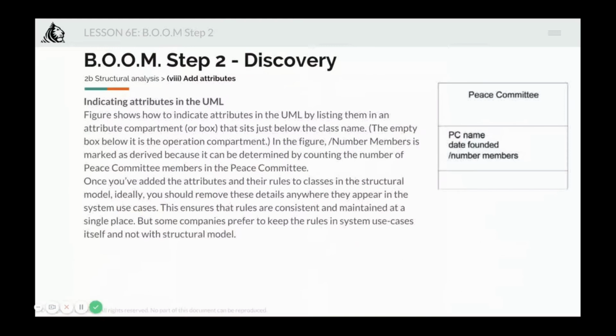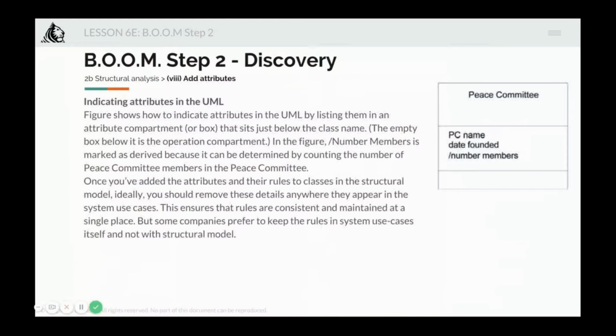So how do you indicate attributes in the UML? In UML, you will typically use a rectangular box like this, and you'll create a box and keep it below the class name, right? So as you can see in this figure, peace committee is the class. Within that class, there's a peace committee name, a date founded, and the number of members.